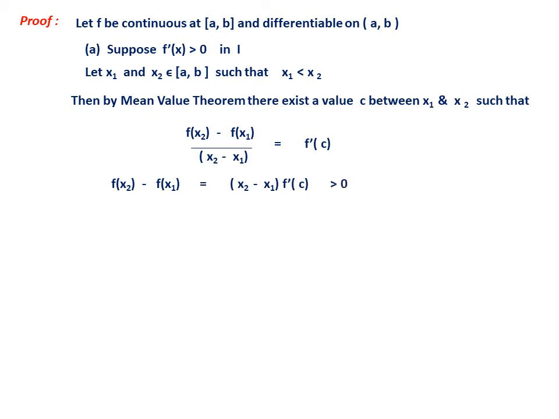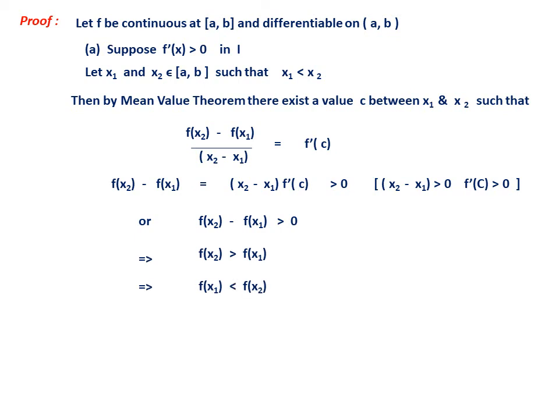Now see here, this is positive. Why is it positive? You see, x1 is less than x2, therefore x2 minus x1 is positive. Now, suppose f dash x is positive in the entire interval, it is also positive for f dash C. Therefore this is positive. So this implies f of x2 minus f of x1 is positive, which implies f of x2 is more than f of x1, which implies f of x1 is less than f of x2.